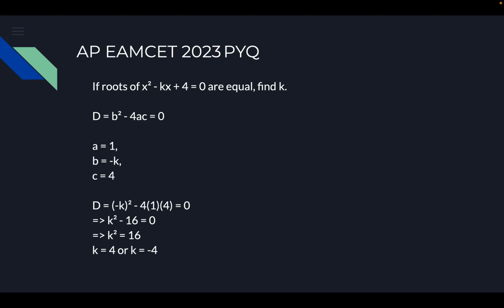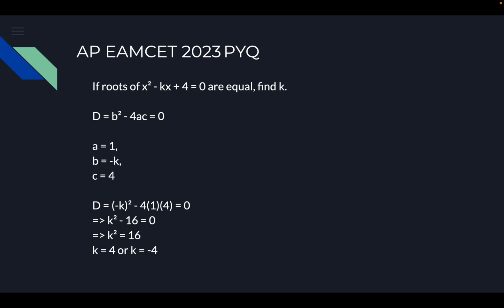So now we substitute the formula here, d equal to b square minus 4ac equal to 0. Now we know that a equal to 1 and b equal to minus k, because k is what we are trying to find here, and c is clearly 4. Now we directly substitute d equal to b square minus 4ac, which is minus k whole square minus 4 into 1 into 4.